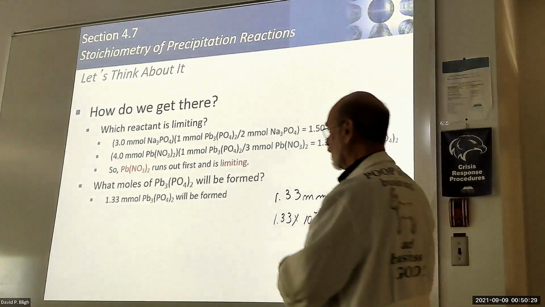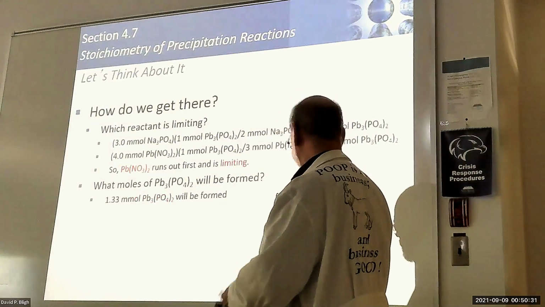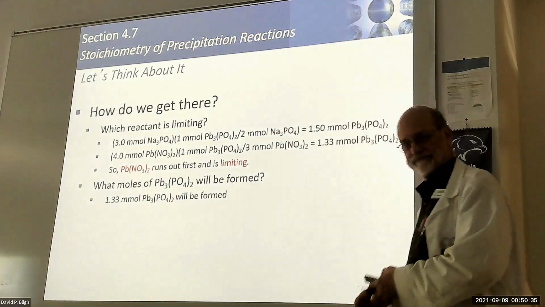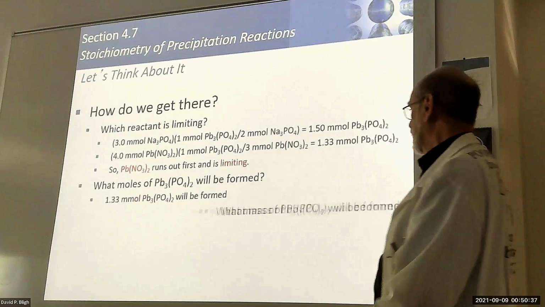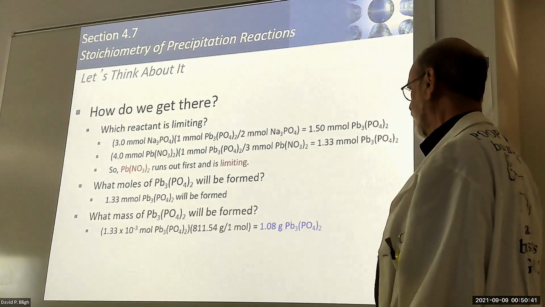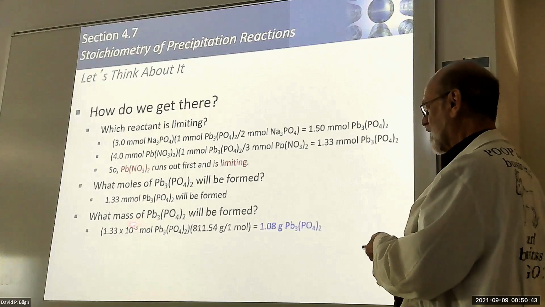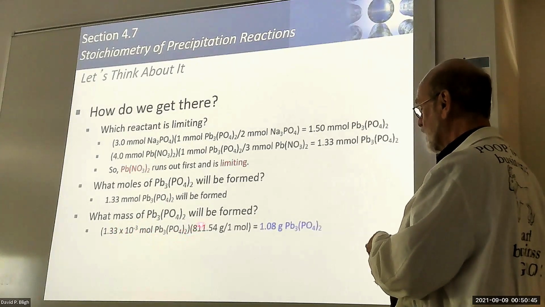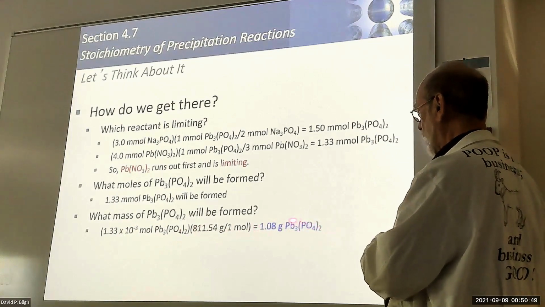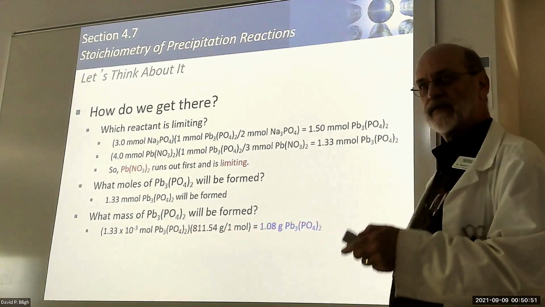All you need is the molar mass of that compound. Stole my own thunder. So I converted to moles and then used the molar mass. So we would form 1.08 grams of lead 2 phosphate.